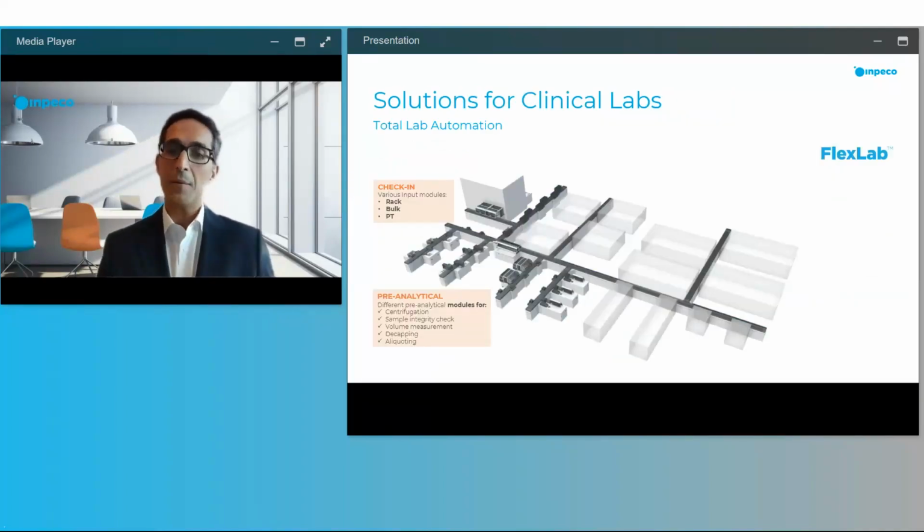So really, FlexLab is a unique and advanced solution for laboratories of any size and specialties. It covers all the samples and their data and results flow in a completely automated and fully traced process. From check-in, and here we have multiple options we can explore, whether we use rack, bulk, or pneumatic transportation connection.